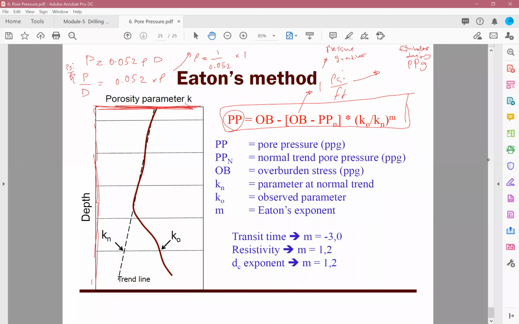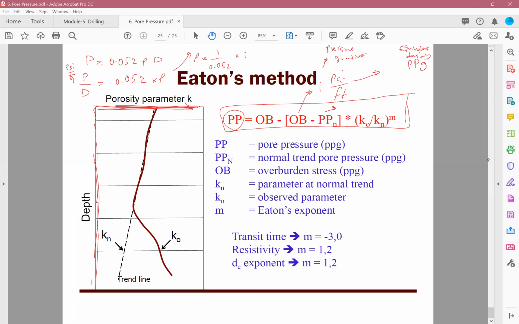In this case it's 1, so it's 1 over 0.052, which is close to 20 pounds per gallon. That's your overburden stress in this equation. Make sense? All right.